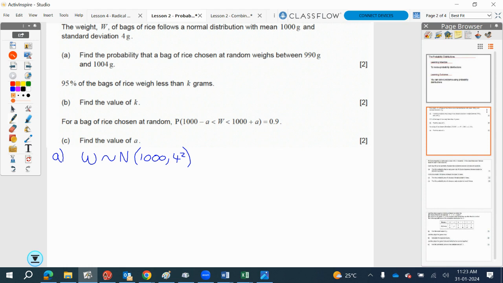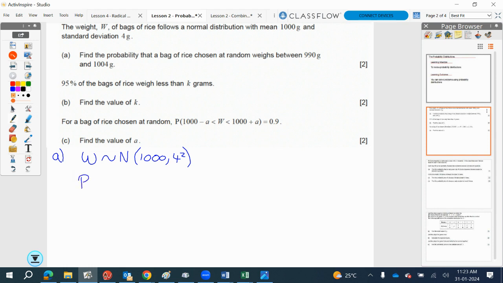Remember, it's mean and variance when you write it like this. When we put it into the calculator, it's just the standard deviation we put in. This is different, so it is mean and variance in the notation.